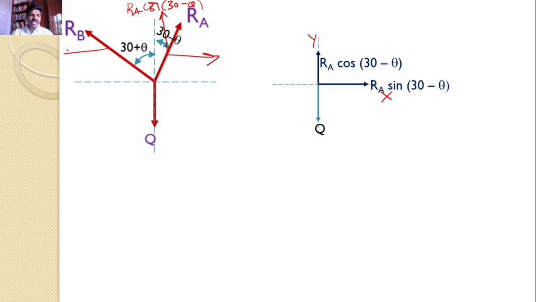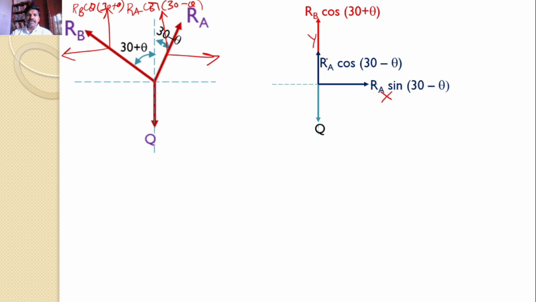Similarly, I can resolve this RB along the x and y axes, and RB makes 30 plus theta with the y-axis. That's why the vertical component becomes RB into cos 30 plus theta. The other one becomes a sine component.